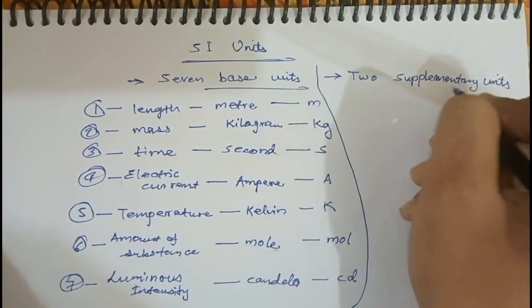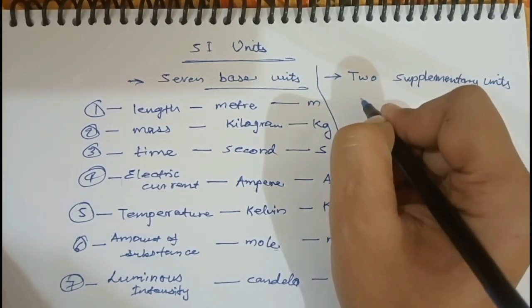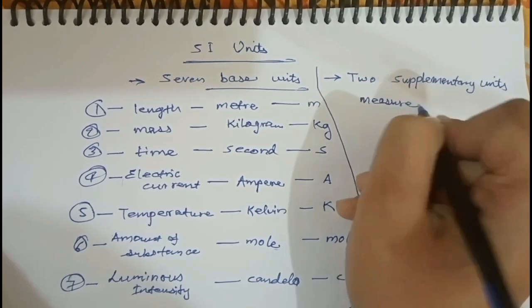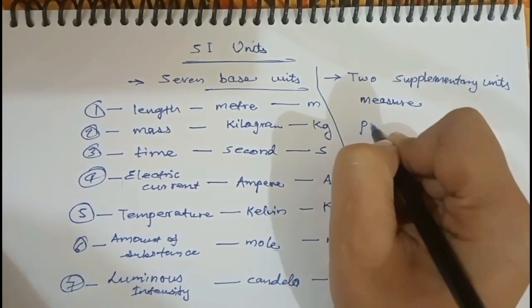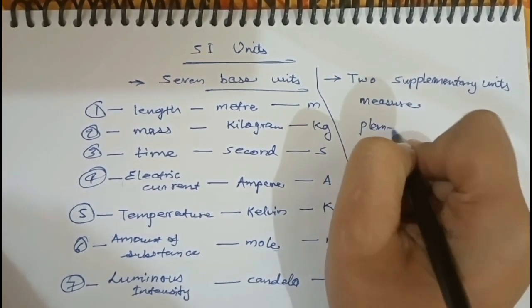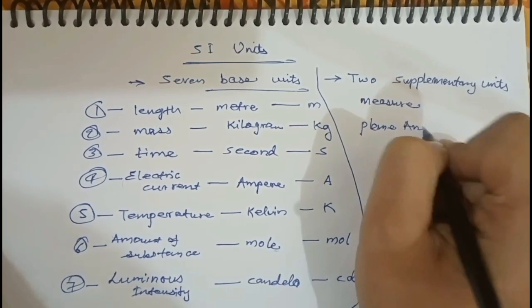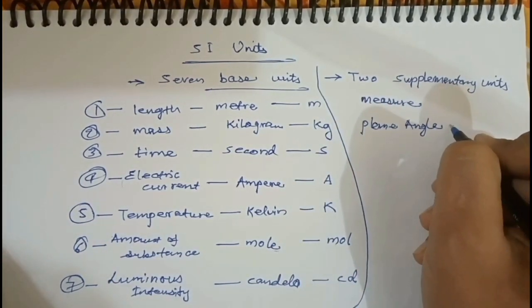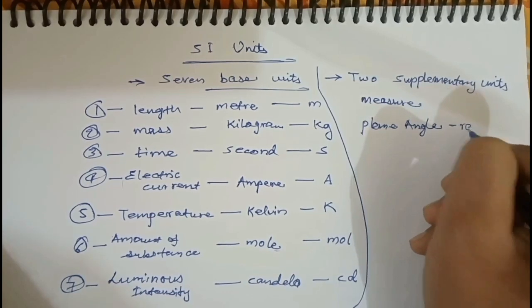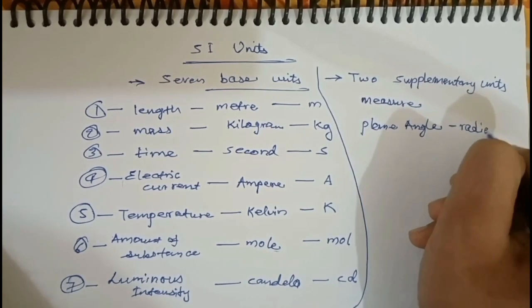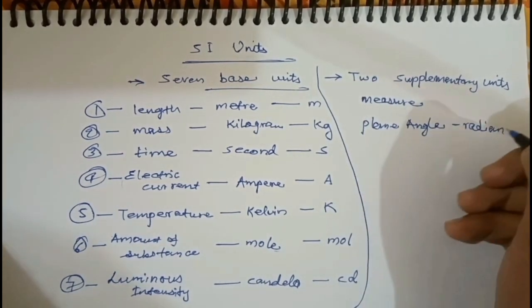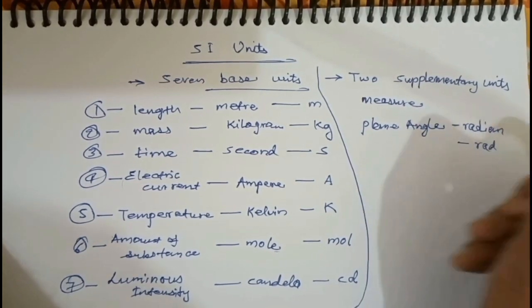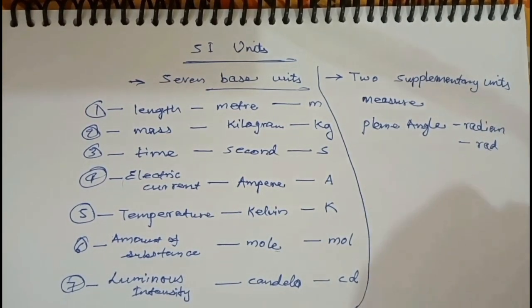Supplementary units are used to measure what? Plane angle. Plane angle is measured in radian, the symbol is simply rad.